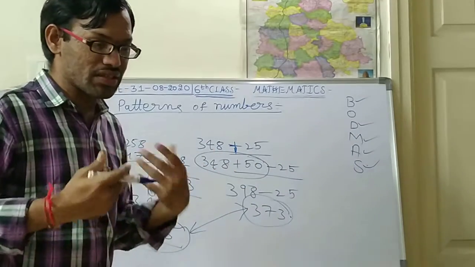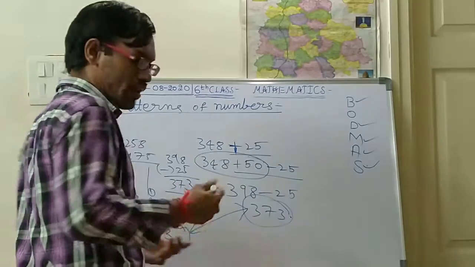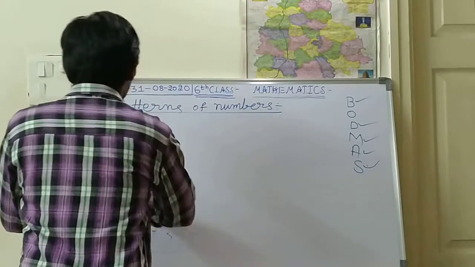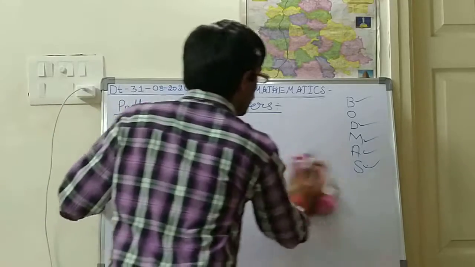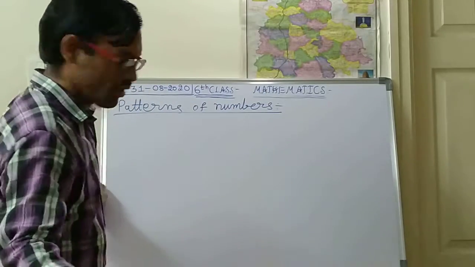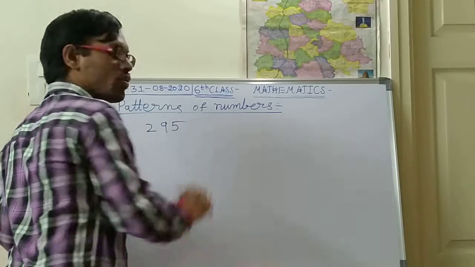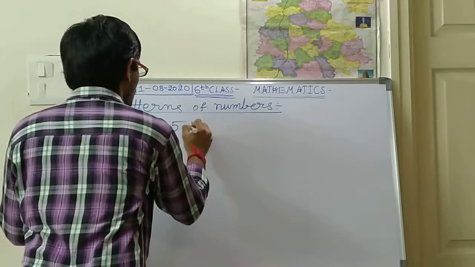So if there is a subtraction, how you should do? Suppose 295 plus 9.